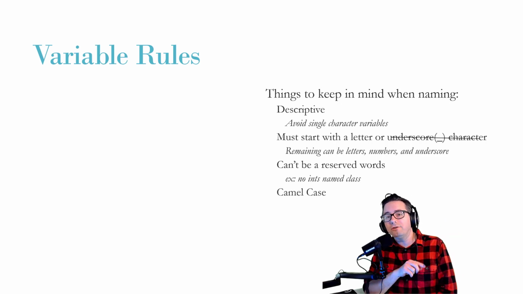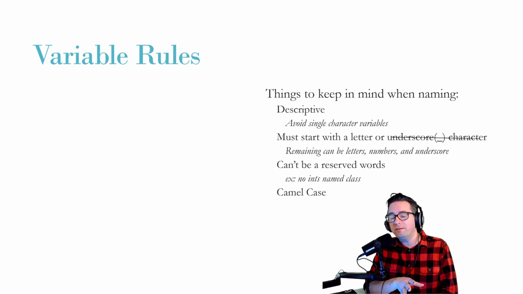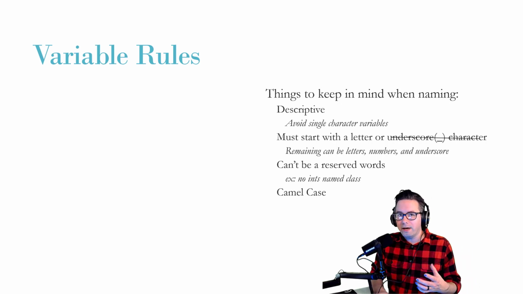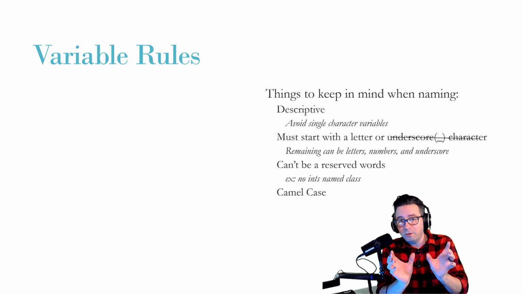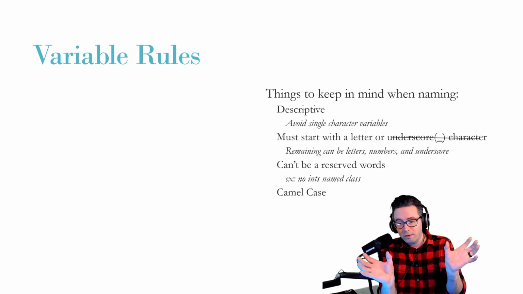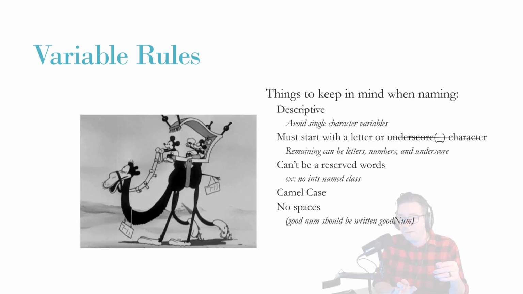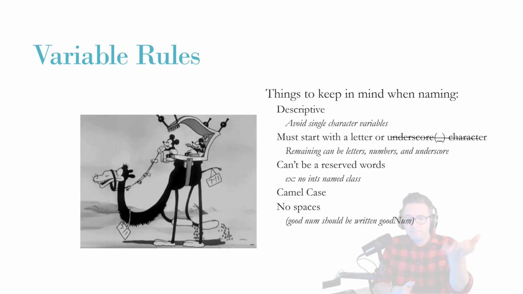Another thing is you should write things in camel case. We'll get some examples in a slide soon, but it should be written in camel case because sometimes you want a variable that has multiple words and you need to put them together, since you don't want spaces. Here's an example.